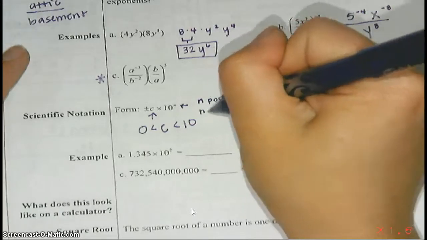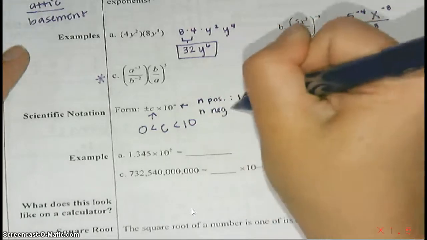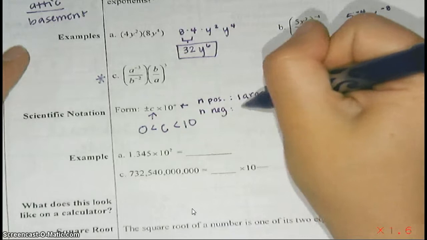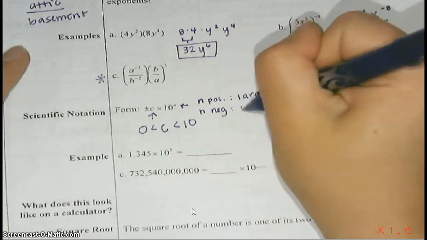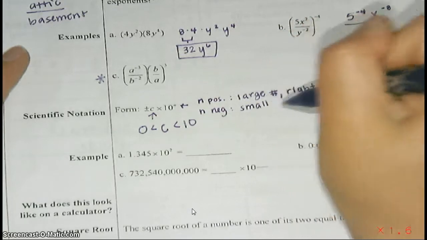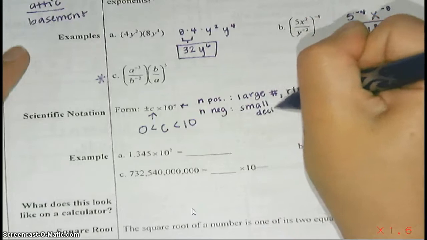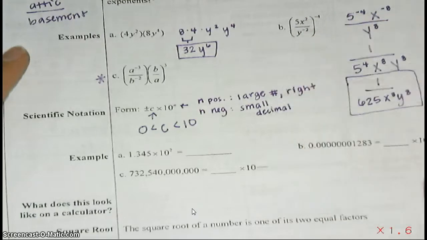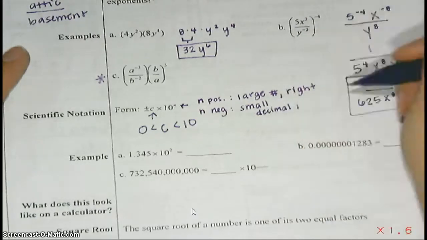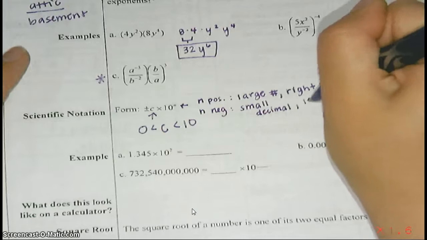If your n value is negative, then it's going to be a small decimal. And that means that you're going to move your decimal place to the left.